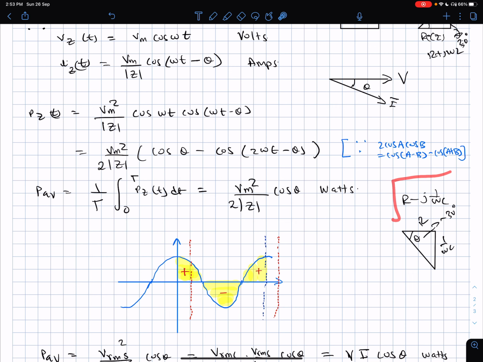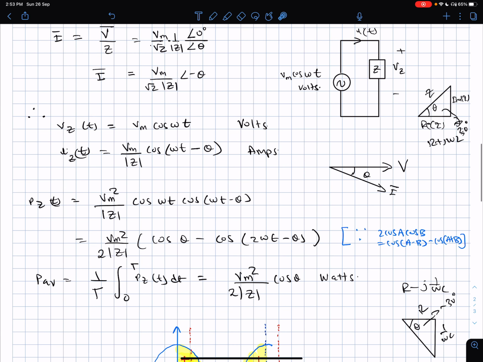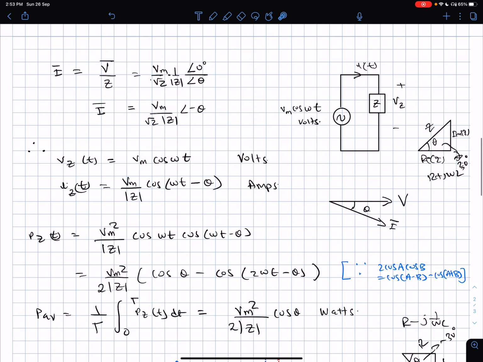That is the magnitude of Z, and therefore this becomes the phasor value of the current. Let's put the units: this is ampere.